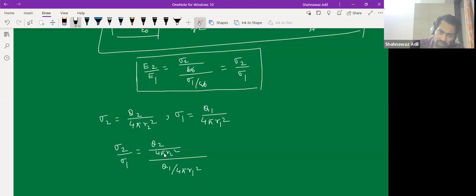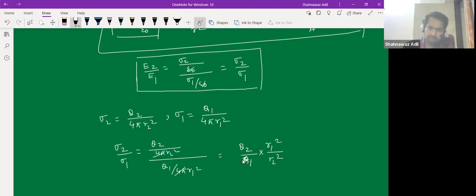So 4 pi cancels, and R1 square goes in the numerator. So Q2 by Q1 and R1 square by R2 square. Any doubt in this, guys?